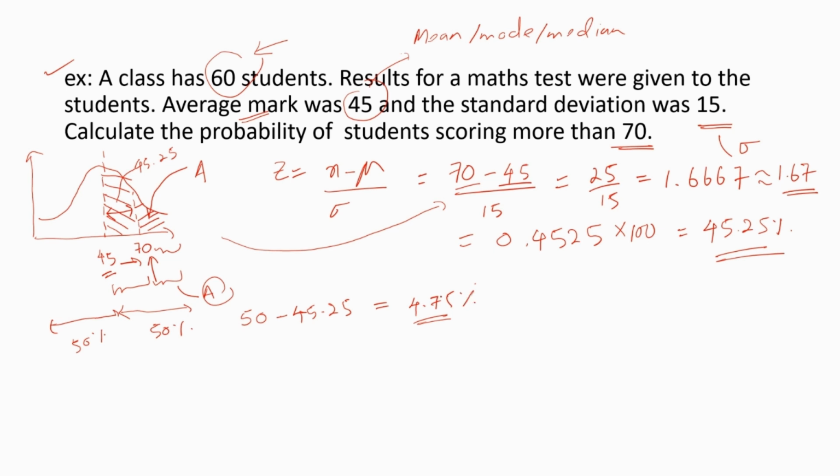I hope you understood this. This 50% is the half of the bell curve because the bell curve is symmetric around the mean value, and we found the area between 45 and 70. Here we can also set this as an area because this is an area under the bell curve. Now let's do another example using the same data.